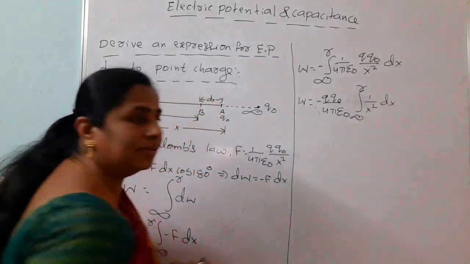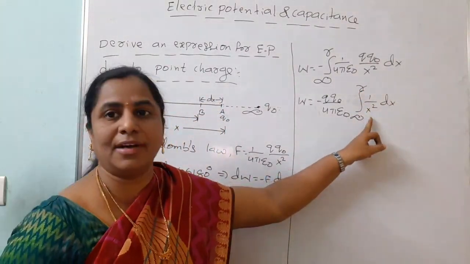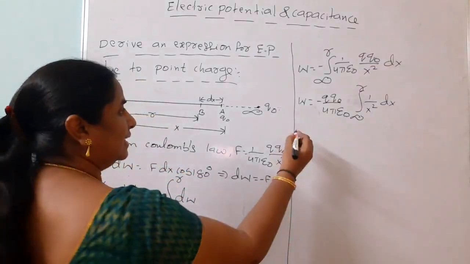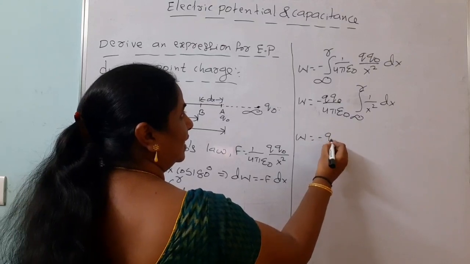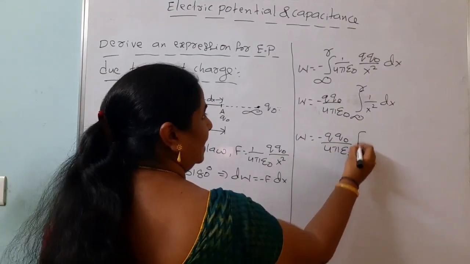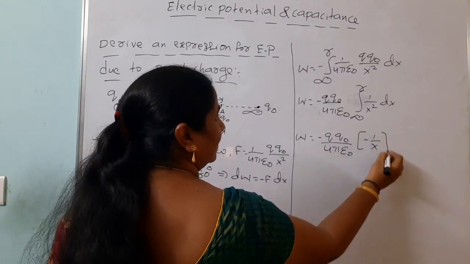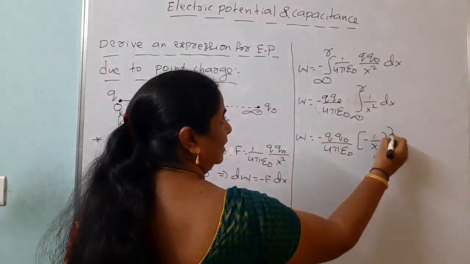Limits are infinity to r. Don't confuse, we are doing the integration only for 1 by x square. But the integration of 1 by x square into dx formula is how much? Minus 1 by x. Then we are writing the limits infinity to r.